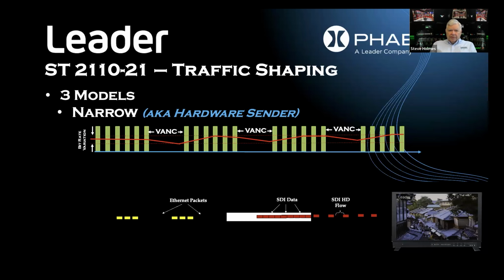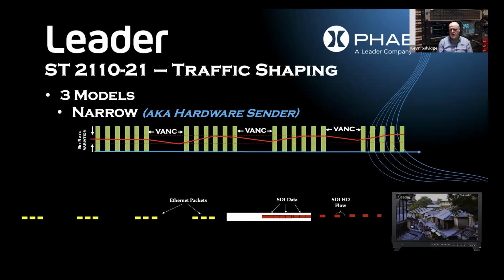And that's what 2110-21 is about, defining that buffer model and defining that timing, defining the offset of the video and where things go. So this is the first they talk about, narrow, and these were basically the first models that we saw when 2110 first appeared, kind of back in 2018, because these are typically hardware devices.